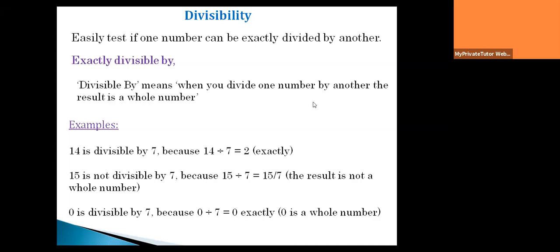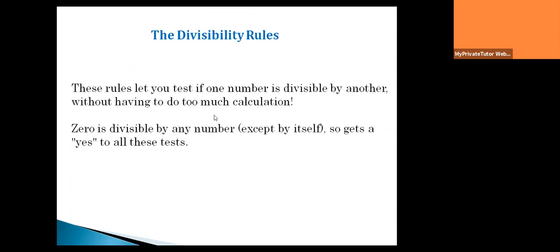And you can see the third one, 0 is divisible by any number. 0 divided by 7 is 0. 0 divided by any number is 0. So these are the basics you need to remember before we go to the divisibility rules.